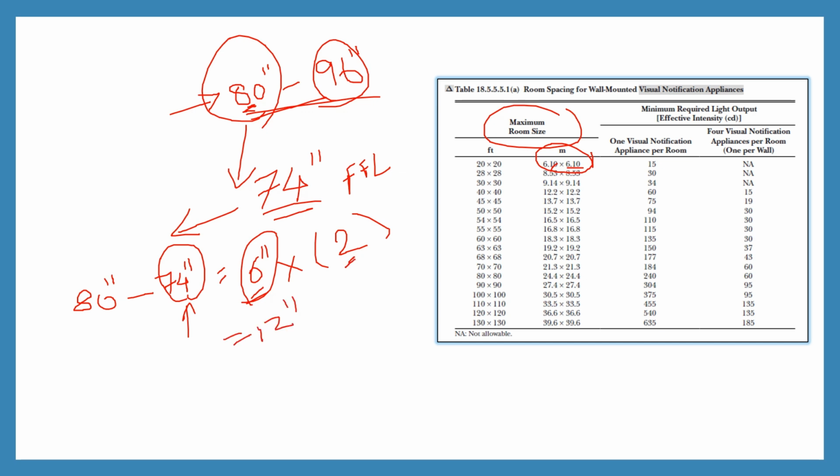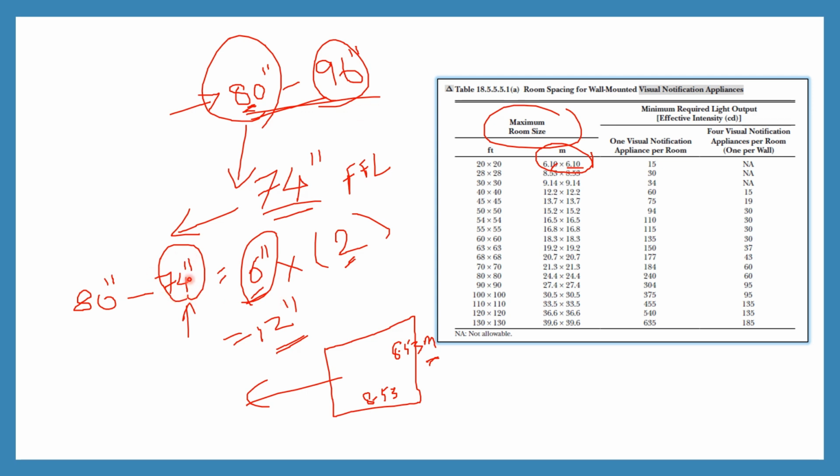Now if you have a room of, for example, 8.53 meter by 8.53 meter, but you are not going to install your strobe at 80 inch to 96 inch, you are going to install at 74 inch.